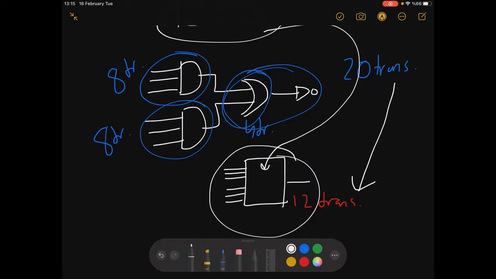That's why sometimes using complex gates can be beneficial. Just imagine you will have this structure 10,000 times, so it would be much more convenient to implement them as a complex gate, both in cost and speed.